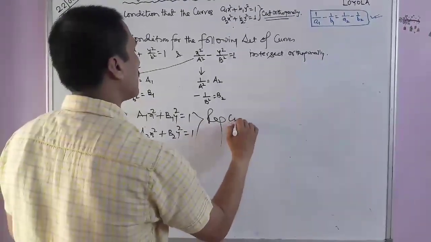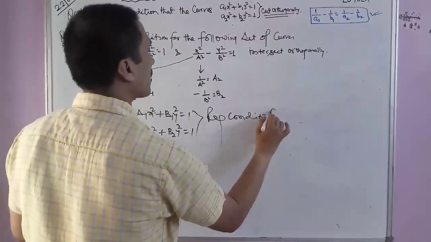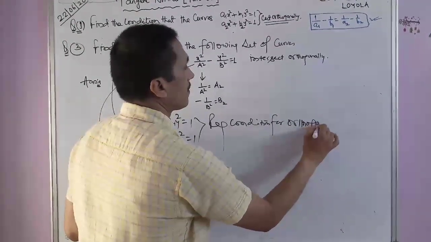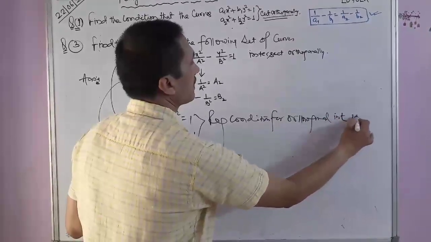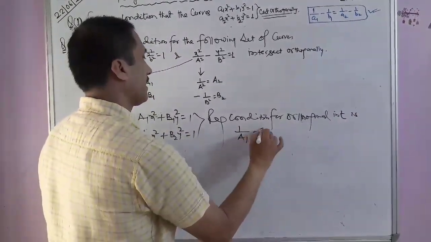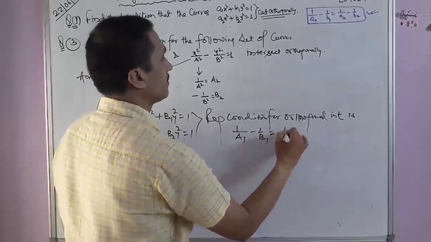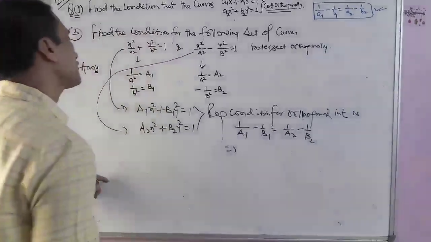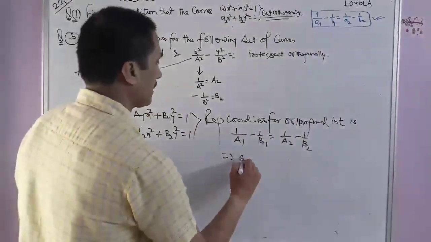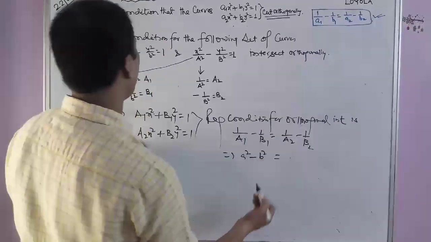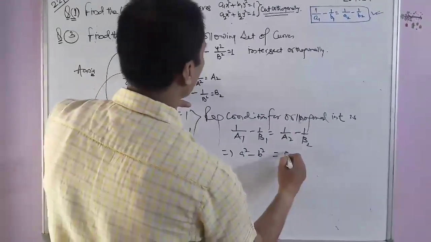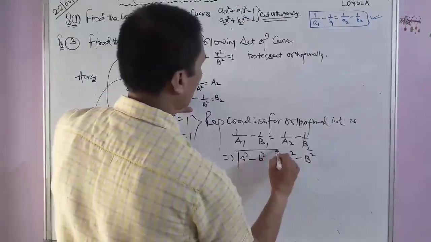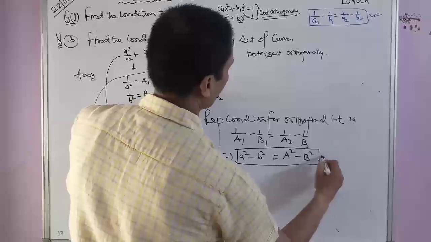The required condition for orthogonal intersection is 1 by a1 minus 1 by b1 equal to 1 by a2 minus 1 by b2. Here 1 by a1 is a square, 1 by b1 is b square, 1 by a2 is capital A square, 1 by b2 is capital B square. This is the required condition.